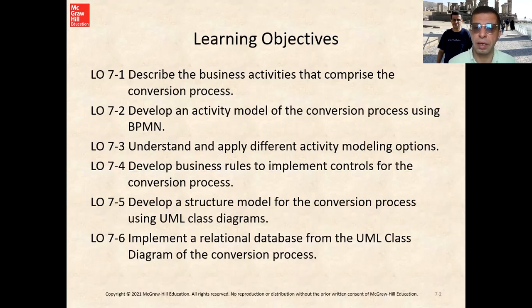Understand and apply different activity modeling options, how these are working together, and then develop the business rules to implement controls for the conversion process. Using UML, we will develop a structure model for the conversion process and implement a relational database. I don't think this would be part of your concerns.